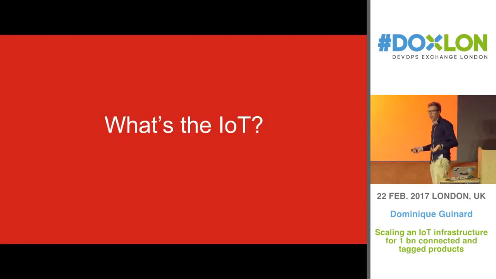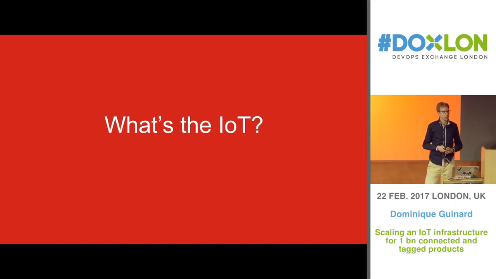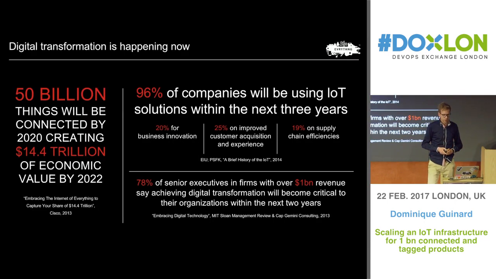But first of all, I have to start with what is the IoT. And I have my very own definition of the IoT. But basically, you know, the IoT is everywhere. You hear a lot about it. When I began with the IoT 10 years ago, it used to be a swear word. IoT meant RFID, and RFID was not seen as a good thing.